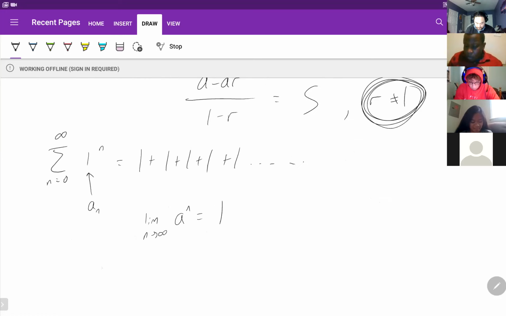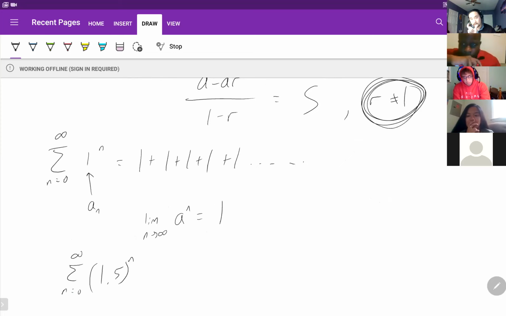If I had like 1.5, what do you guys think would happen in that case? That'll be a divergence. It still diverges, right? Because you're adding 1.5 a gazillion amount of times. The interesting part is we want to look at the values in between 0 and 1. We want to look at the fractions because those are the ones that maybe will converge or diverge depending on what the fraction is, right?